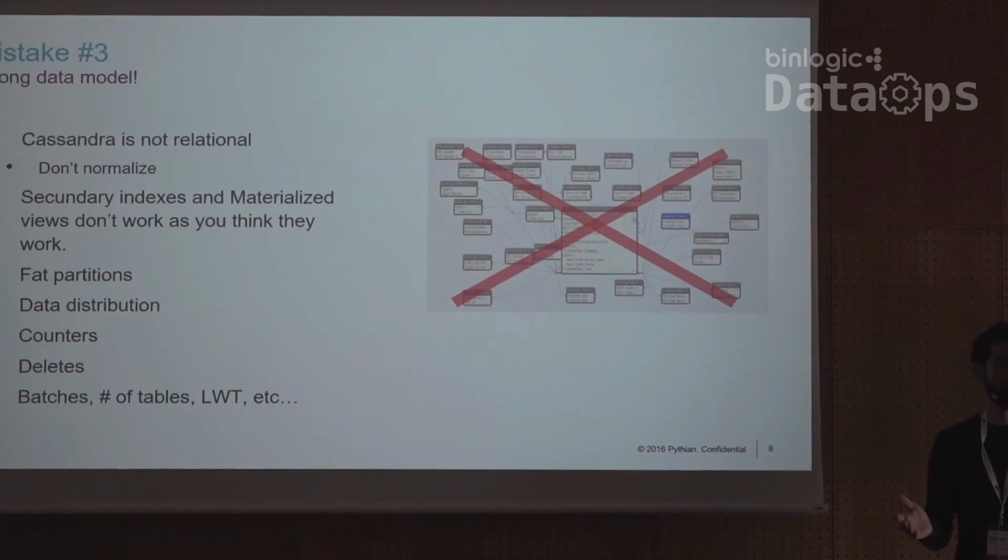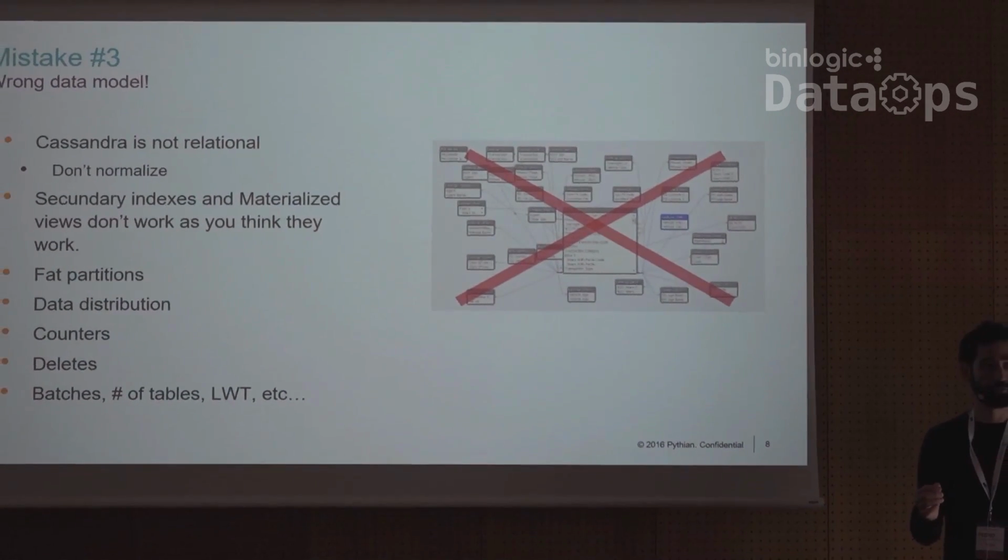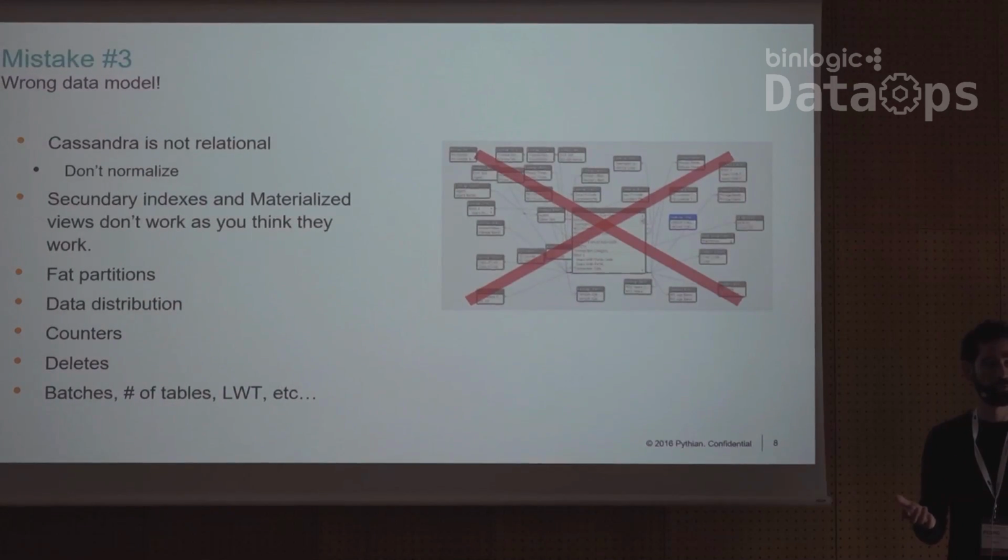But one thing that they usually don't do is reconsider the way they were doing things and how they will need to adapt the data model to the new Cassandra reality.